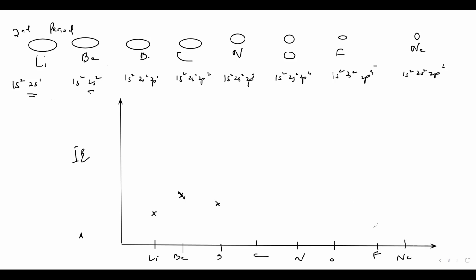Because when we talk about beryllium, we are removing an electron from 2s, but for boron we are removing an electron from 2p. So when we remove an electron from 2p, how many inner shell electrons are there?